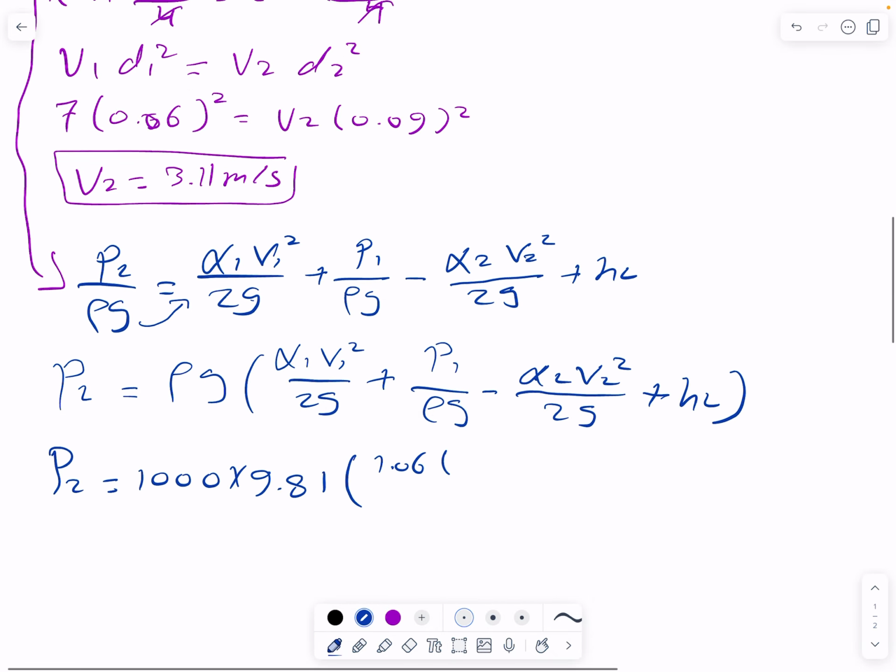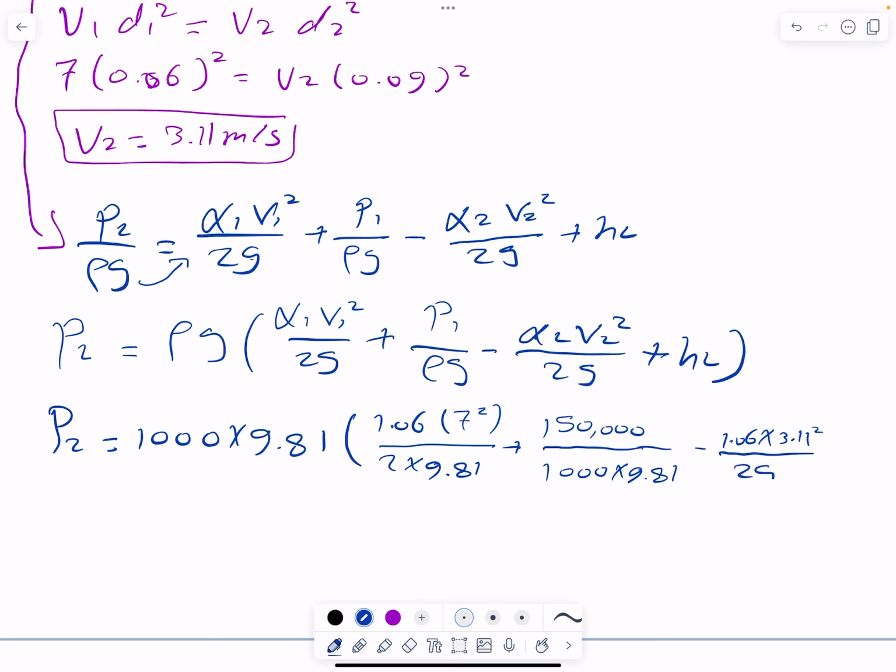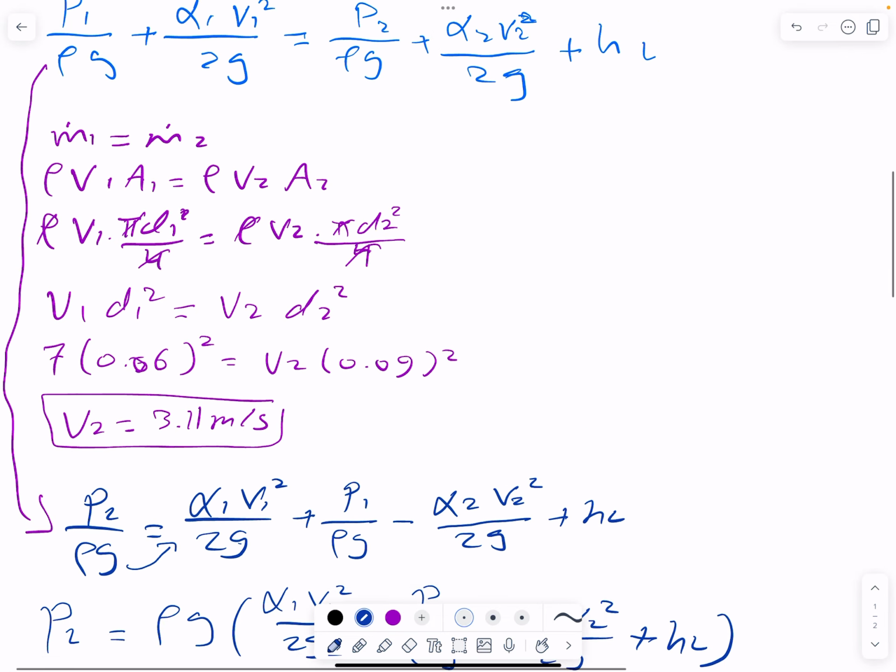Yeah, so 7 squared divided by 2 times 9.81 plus P1, which is 150,000 divided by 1000 times 9.81 minus 1.06 times 3.11 squared divided by 2 times 9.81 plus the head loss, but we don't have the head loss, so we will find it here.